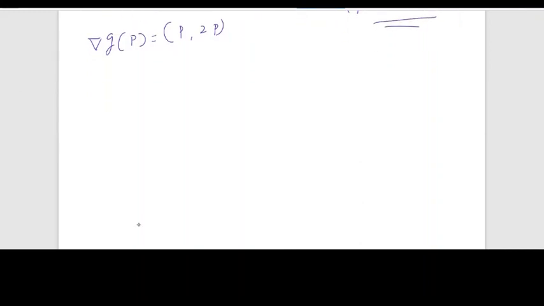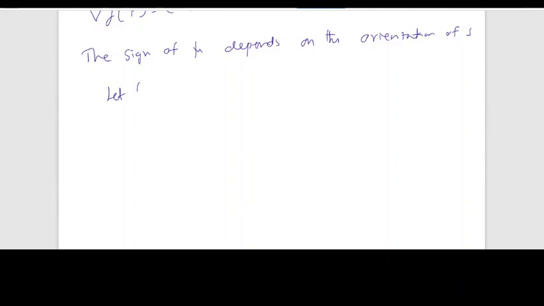Now the sign of mu depends on the orientation of S. Now let mu be less than 0. This means S is oriented by the inward normal.